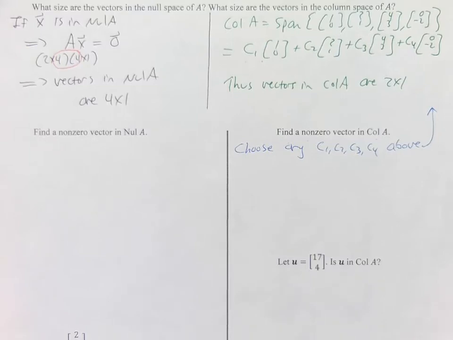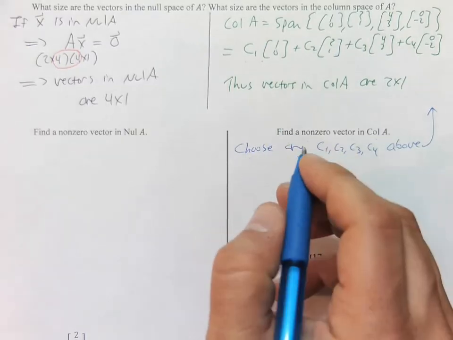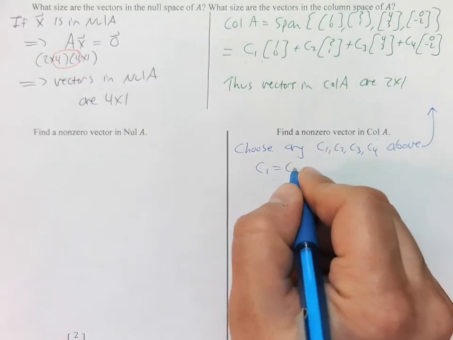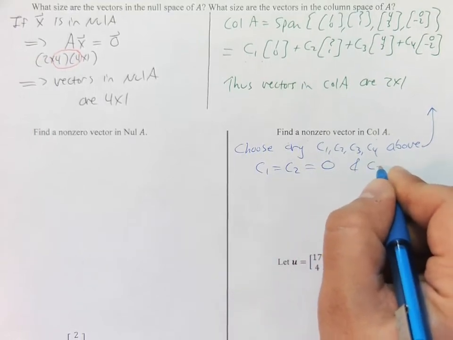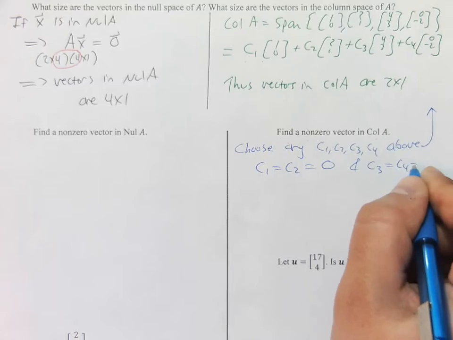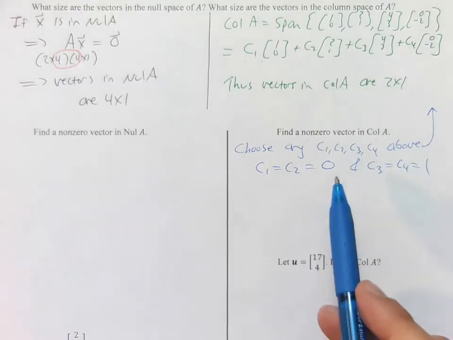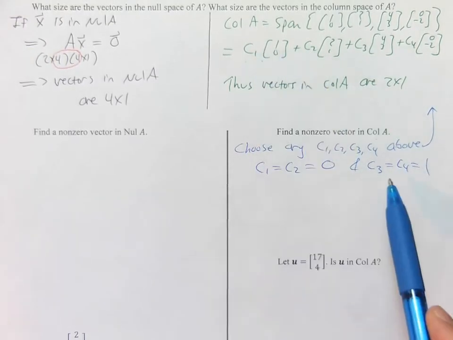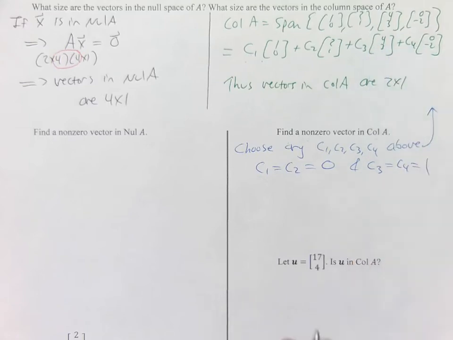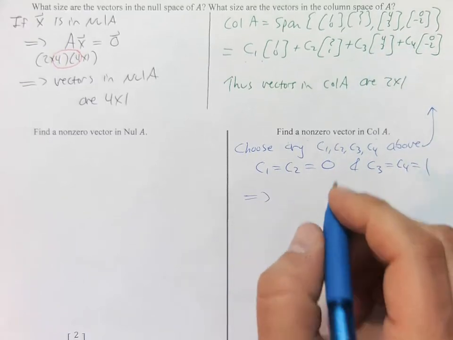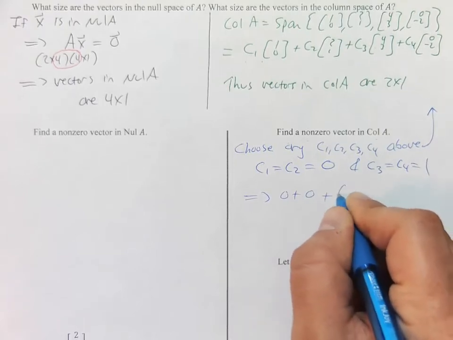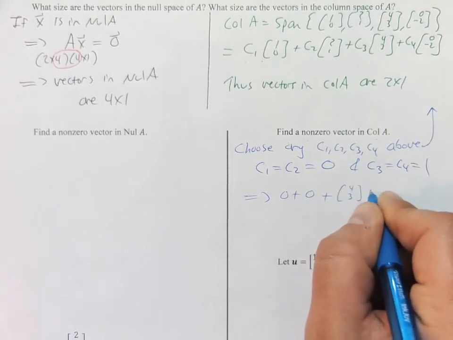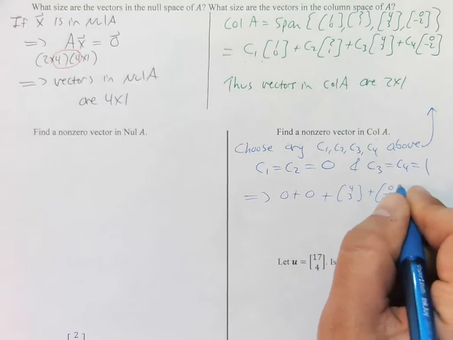And so let's just pick some. So let's do C1 equals C2, which is 0, and let's let C3 equal C4, which is 1. Literally any ones will work, but this is just making these two 0, and so then we're just going to add together those two. And so then we'd have 0 plus 0 plus 4, 3 plus 0 minus 2.